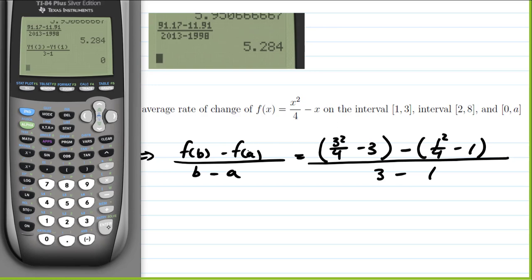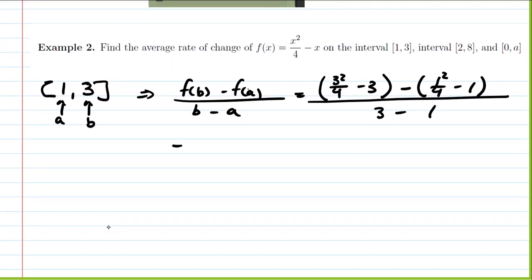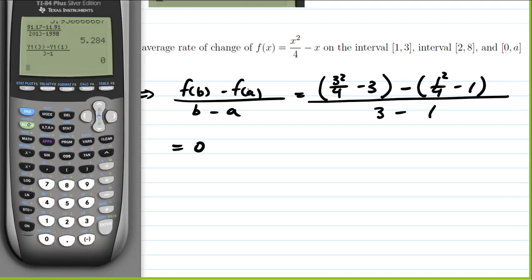It makes it a lot messier to have to type all of that in, whereas if you enter the function once and use your alpha trace, it will do that for you. So this one gives us 0. And now when we have to do another one, if they're numeric, we can just do the same thing again. In fact, you just type it in, but this time my a is 2 and my b is 8.